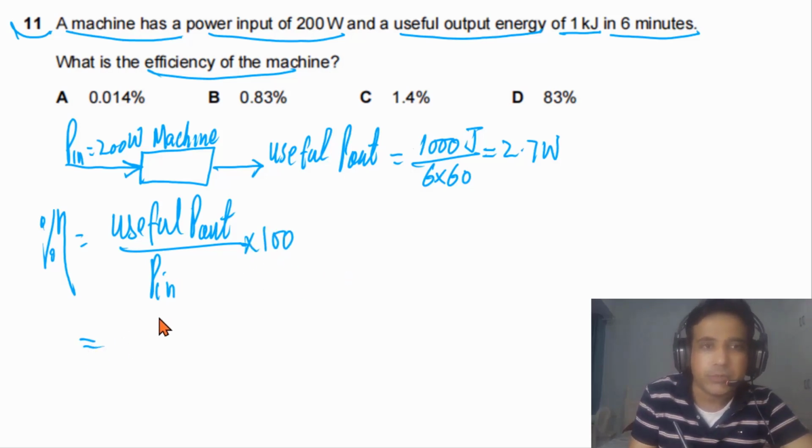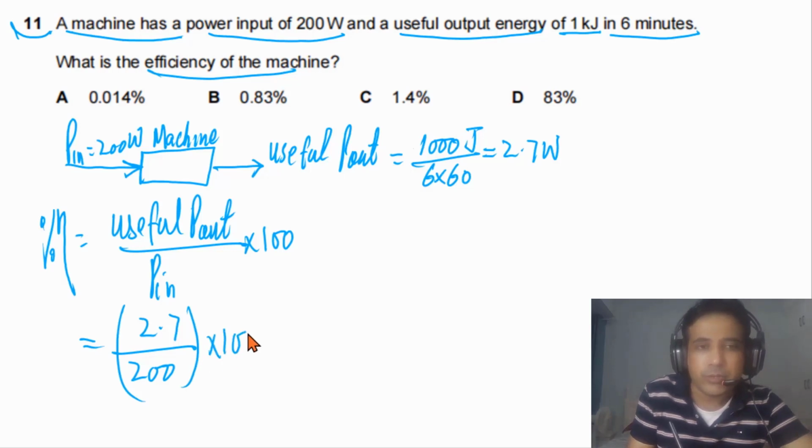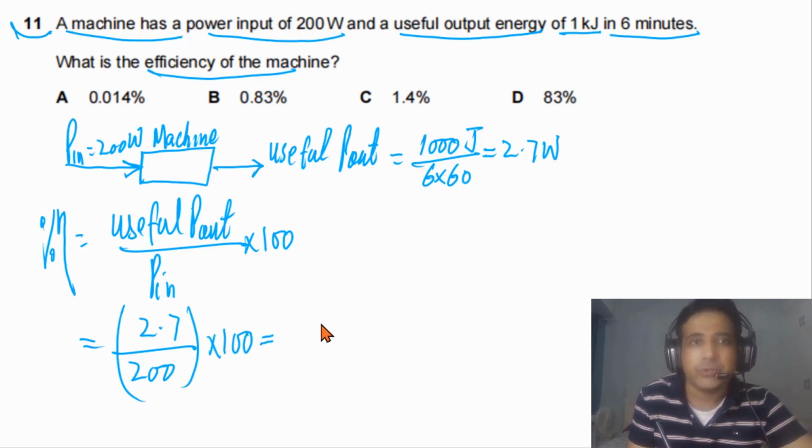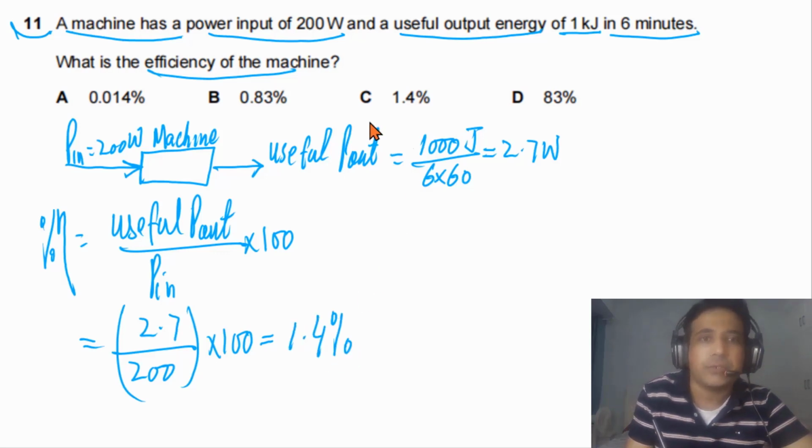So in this case we have useful P out, that is 2.7, and we have P in, that is equal to 200 watts, and we need to multiply this one by 100. If we solve this one, our answer in this case has to be equal to 1.4%. So the answer for this question is C.